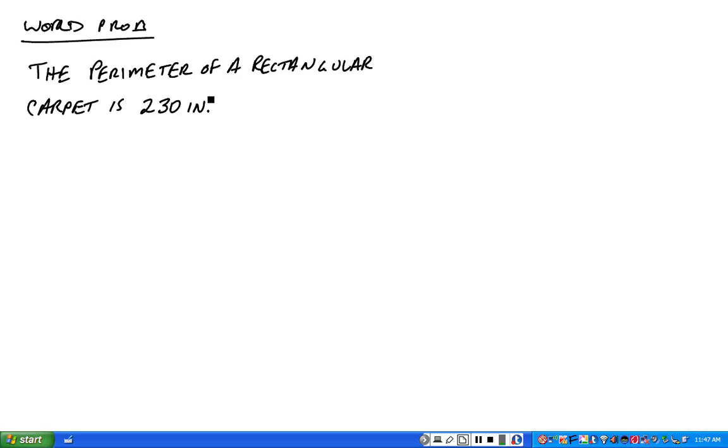Okay, inches. That IN is inches. The perimeter of a rectangular carpet is 230 inches.